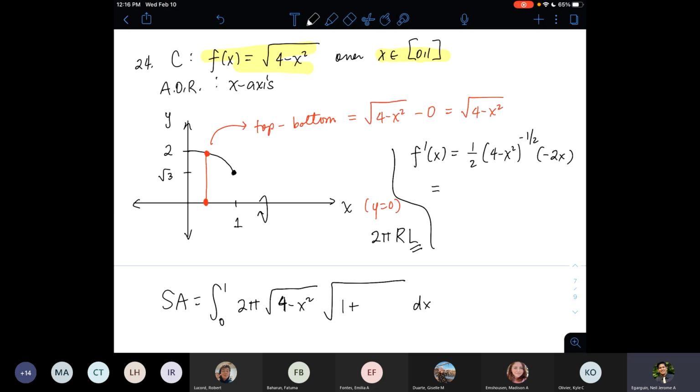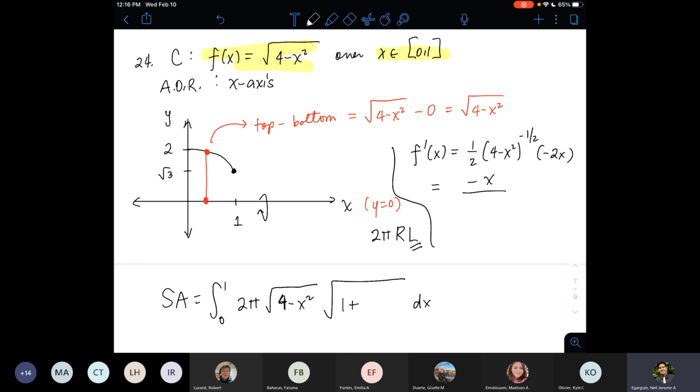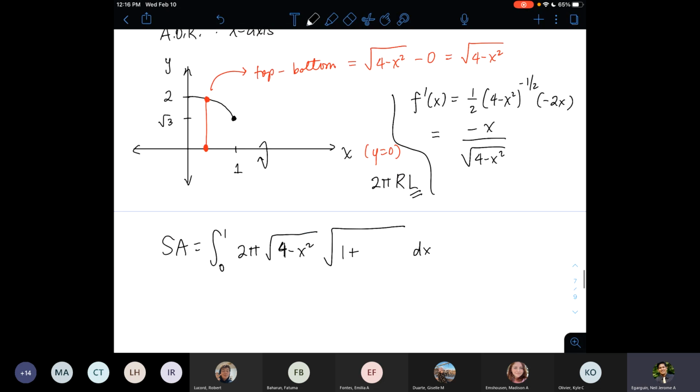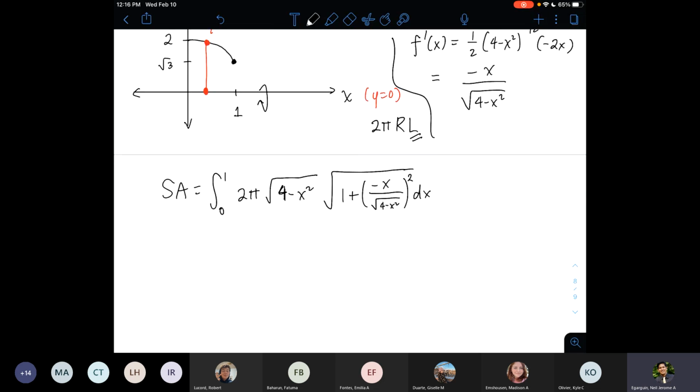They remember it well in Cal 1, but there's a chance that they forget it during Cal 2. So make sure you don't forget these things. And then I'll simplify this first. I'll have negative x over root of 4 minus x squared, all right? And then remember that goes inside the square root, quantity squared. And so this will be the integral that gives us the surface area.